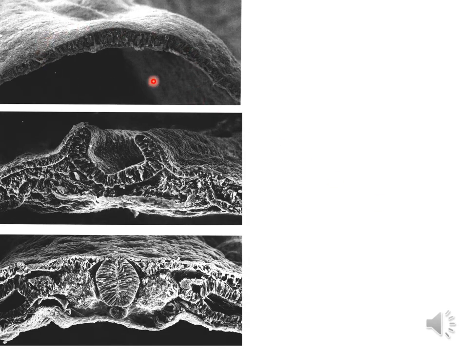This is a scanning electron microscope image showing this process of neurulation. This is the plate. As you can see, this is the groove. These are the elevated borders, and here the tube is closed, and this is the neural tube.